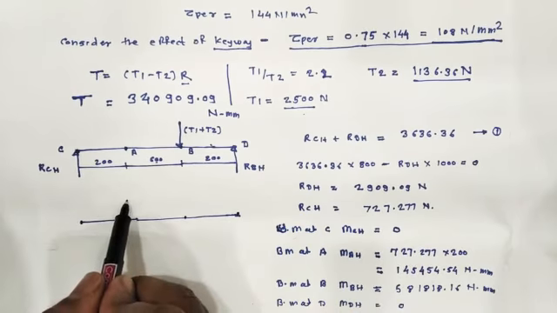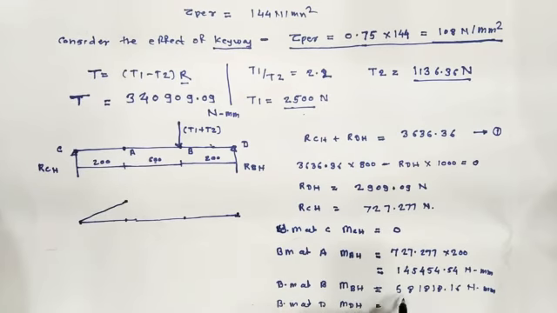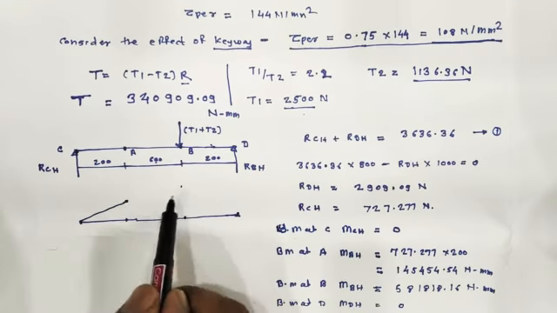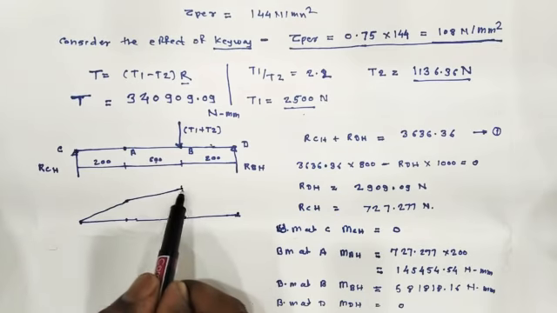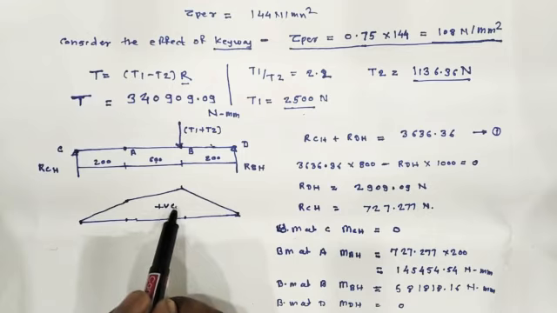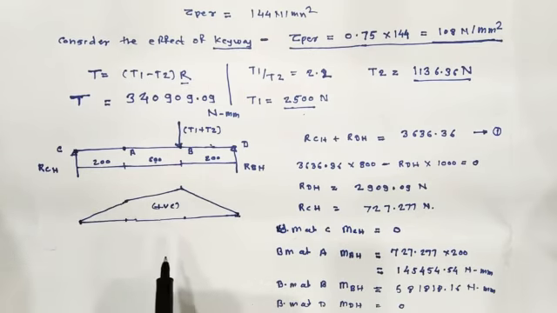So suppose we mark here approximately that distance. And the bending moment at B is quite higher than this one, so we'll mark at this position. Both are positive, so this is the positive bending moment diagram for this one.